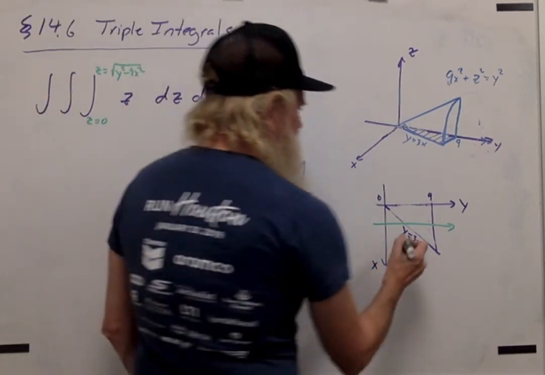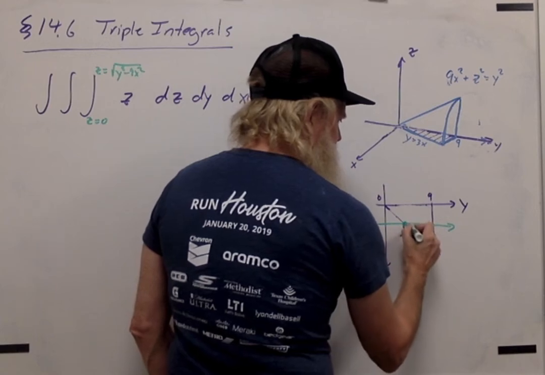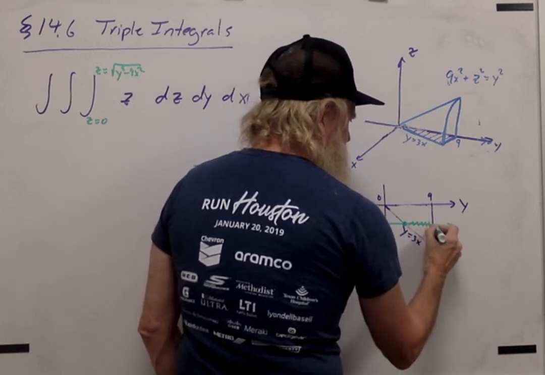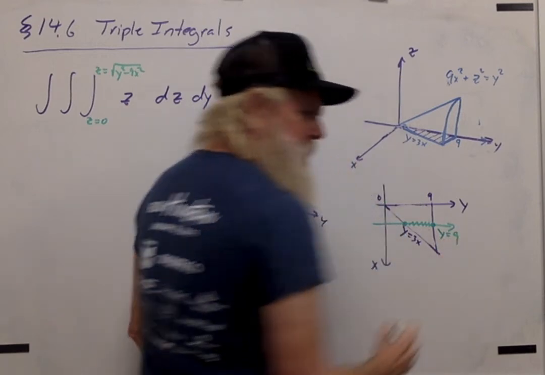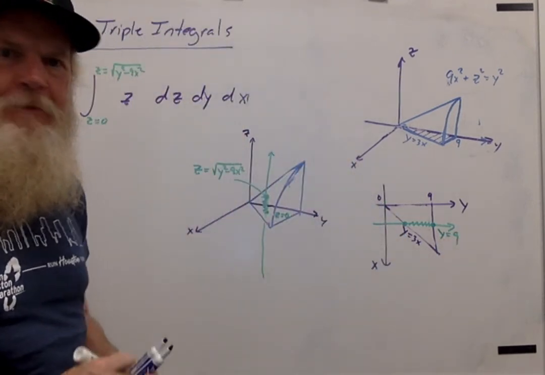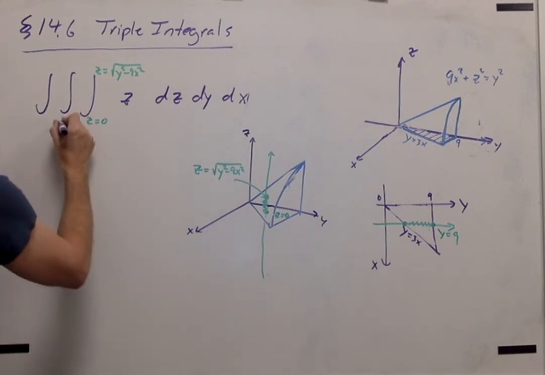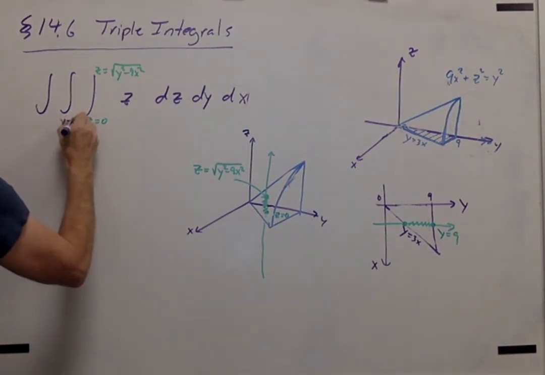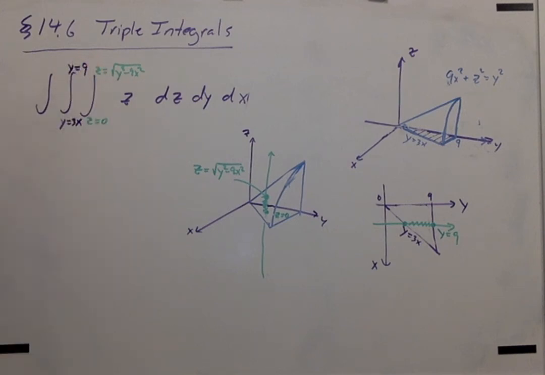Notice that I'm going to enter on the line y equals 3x, be on the interior for a while, and exit on y equals 9. So that means I'm entering on y equals 3x and exiting on y equals 9.